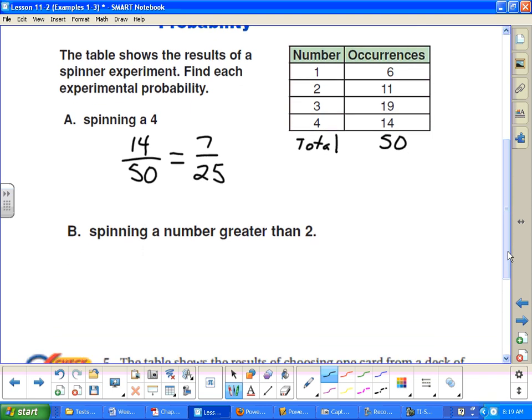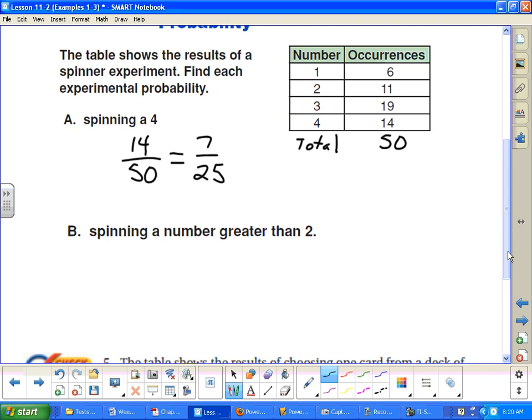Okay, so letter B says spinning a number greater than 2. Does that include 2? No, because 2 is not greater than 2, is it? So if we're talking about greater than a specific number, that means everything larger than that number. So in this case, we're only counting the 3s and the 4s.